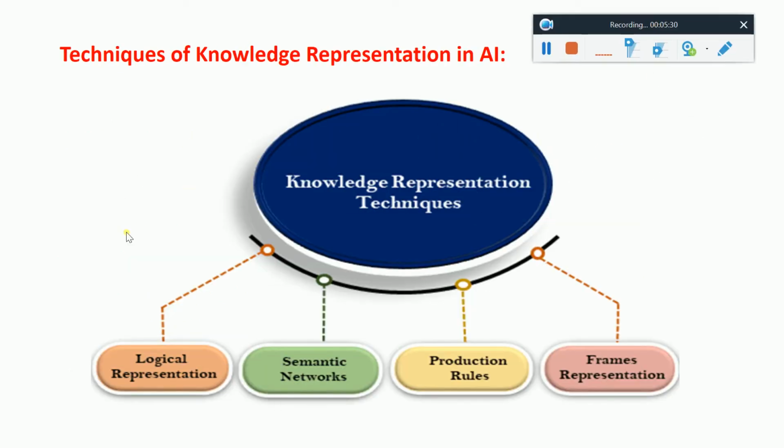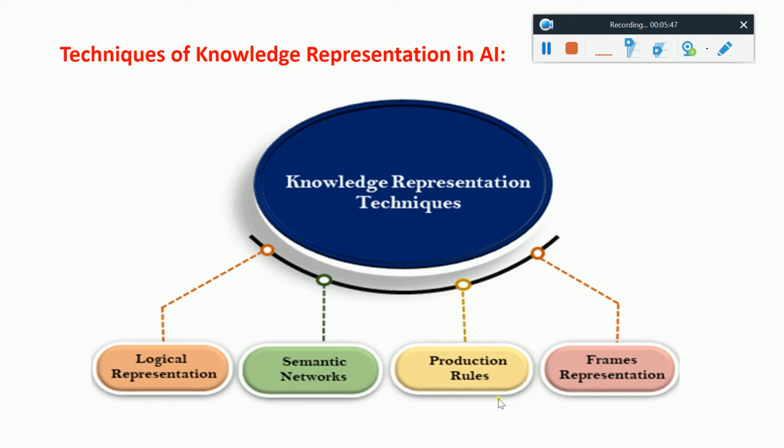Now the main topic for today's lecture was the techniques of knowledge representation, and there are four techniques. The first, logical representation, then semantic networks, production rules, and frame representation.